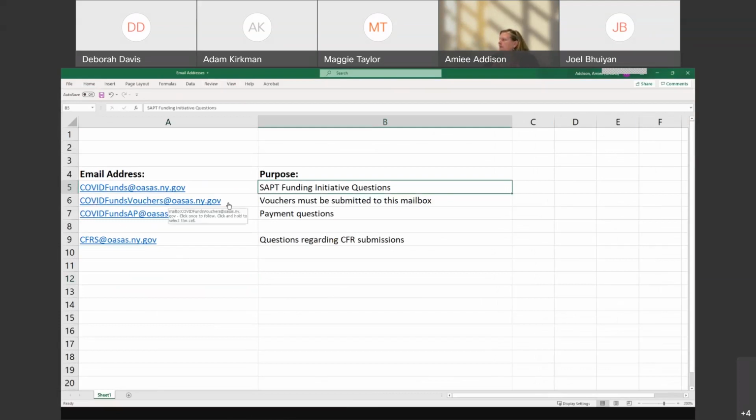COVID vouchers mailbox is where you would submit your vouchers, otherwise known as expense reports, for reimbursement, and the COVID AP funds mailbox for any payment questions. If you have any questions on how to submit CFR information, you can contact the CFRS at the oasis.com.ny.gov email address for any CFR questions.